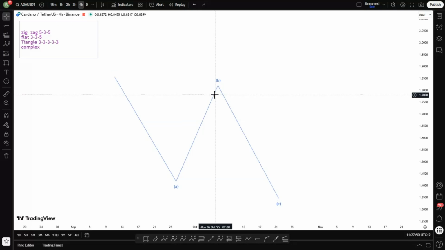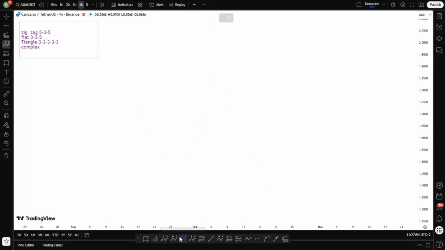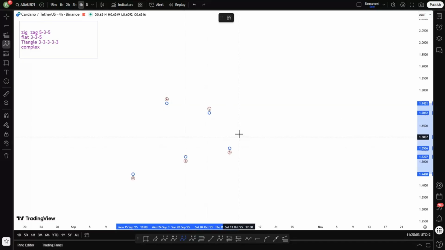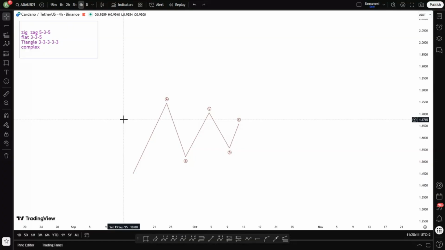A triangle, guys, I very much enjoy spotting them because they have a very significant meaning behind them. Whenever you see a triangle, you know that this is the last pattern of the move. It's easy.